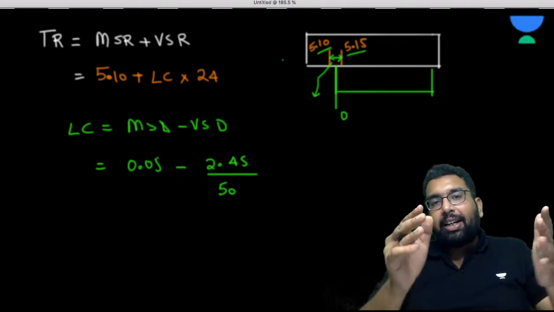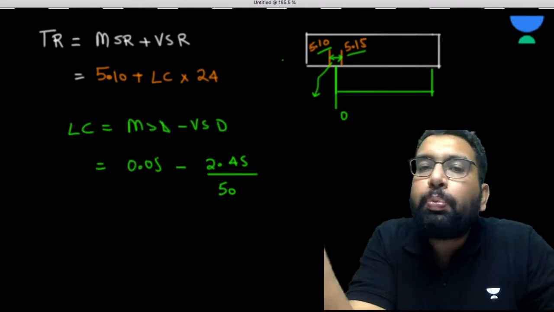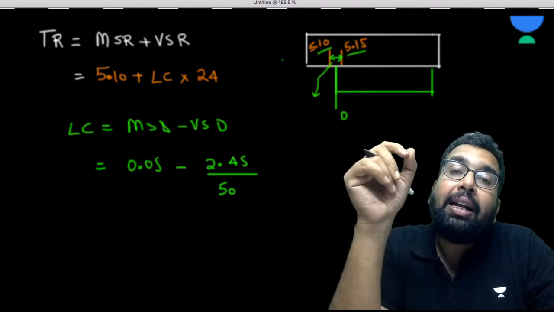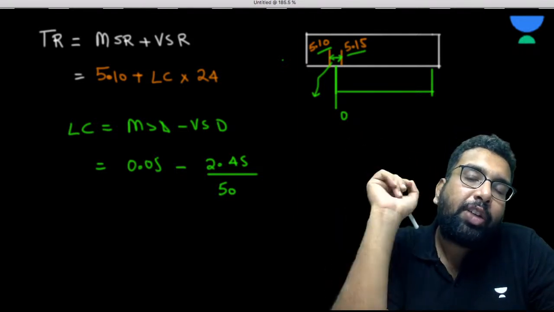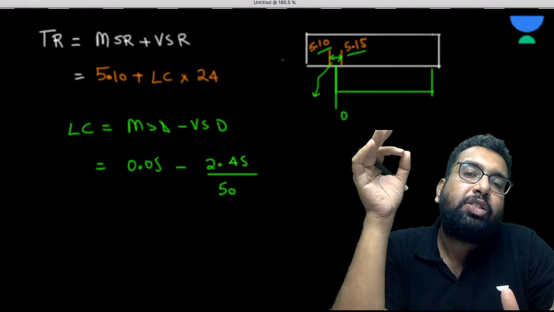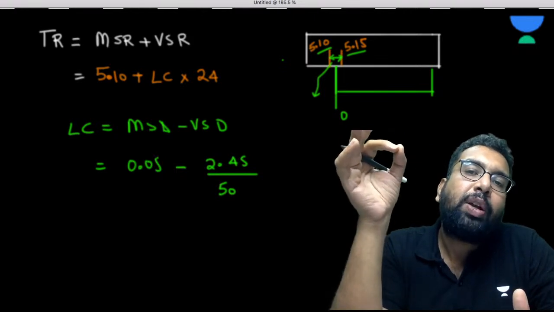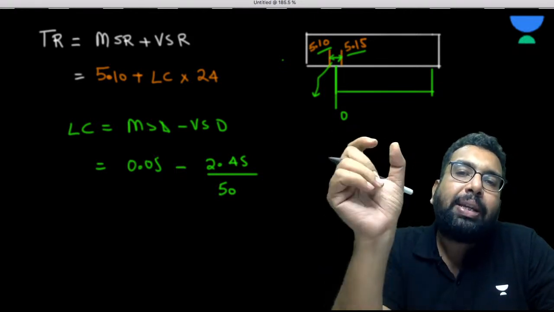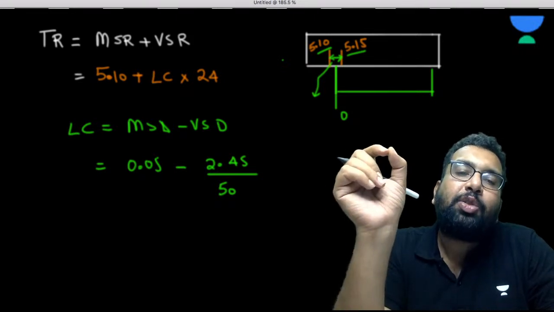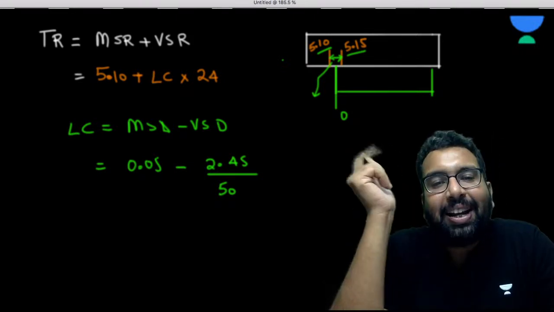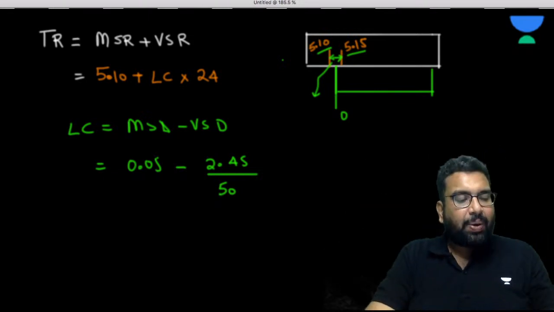Otherwise, it would have lain between 5.1 and 5.2. When it says that zero is lying between 5.10 and 5.15, that means each division is of 0.05 centimeter, right? So from here we can calculate.